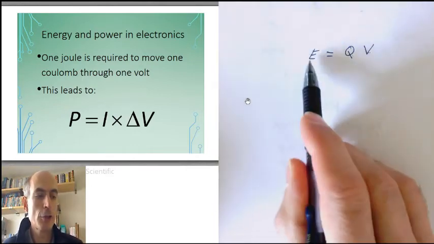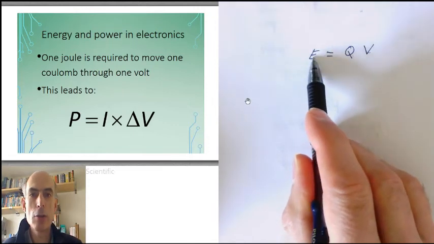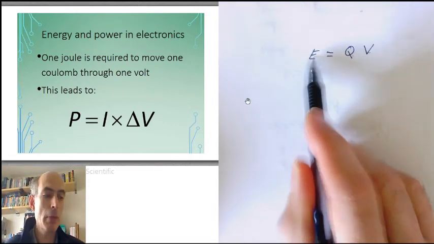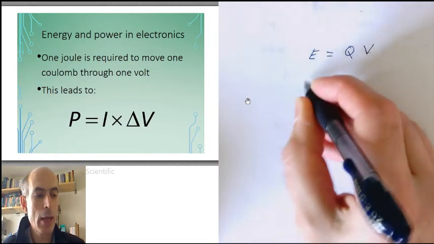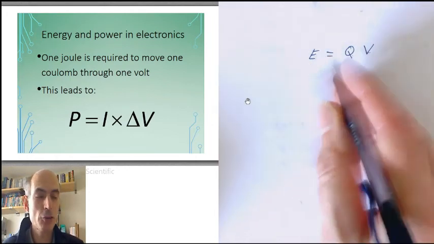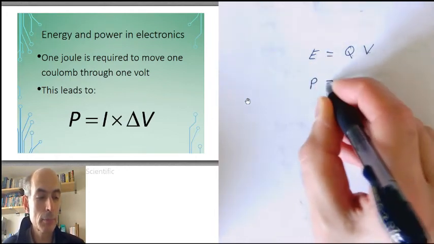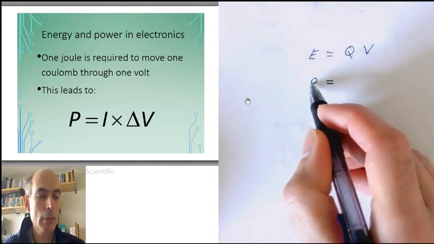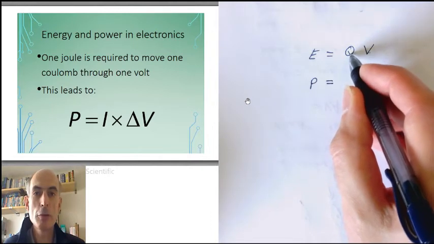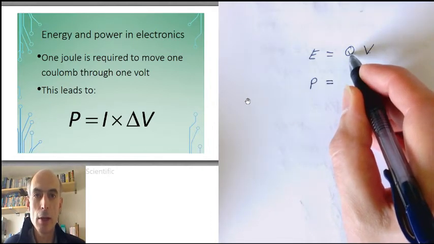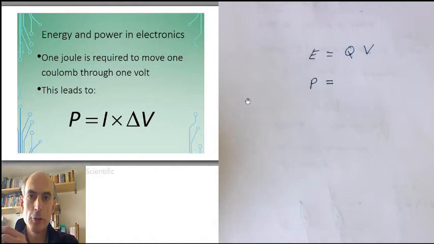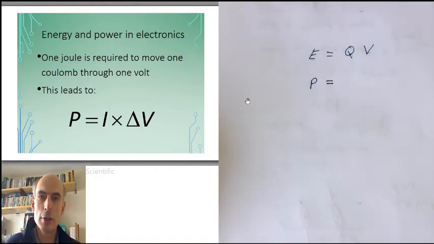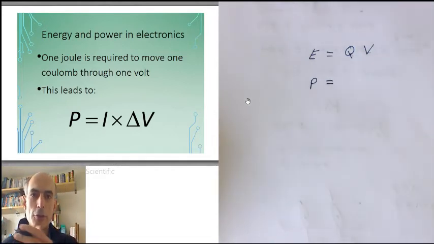If I just ask how much energy do I need to use per unit time, maybe per second, then energy per second, that's just the power, by definition of power. Well, the amount of charge per second, that by definition is the current. Current is defined as the charge flowing past a point in a circuit per second.